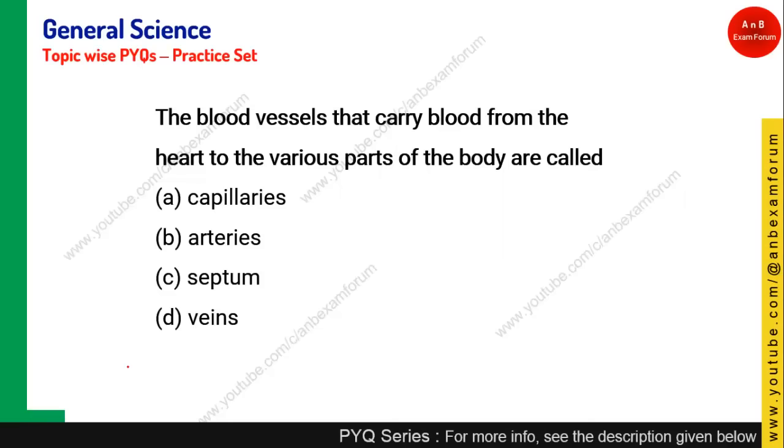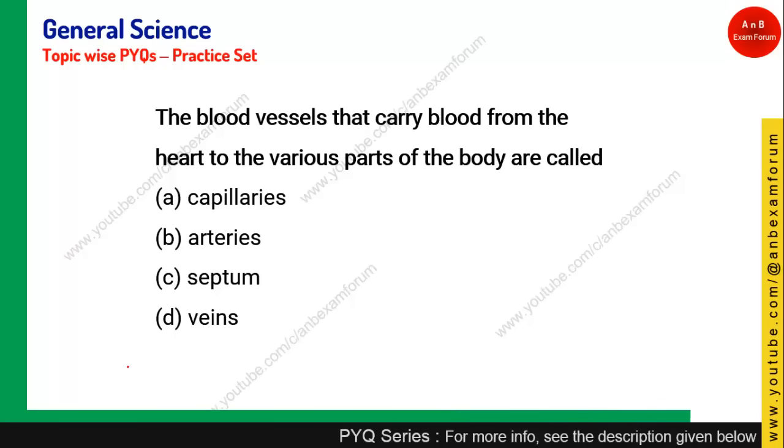The next question: the blood vessels that carry blood from the heart to the various parts of the body are called what? Heart to the various parts. Yes, it is arteries. There are 3 types of blood vessels: arteries, capillaries, and veins.